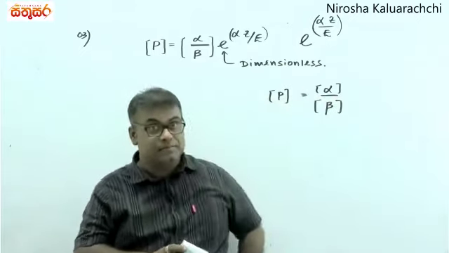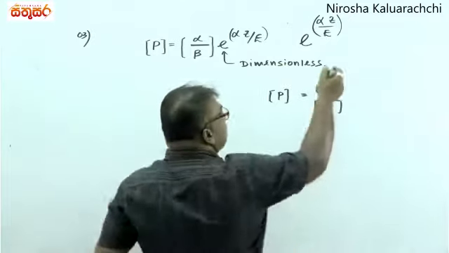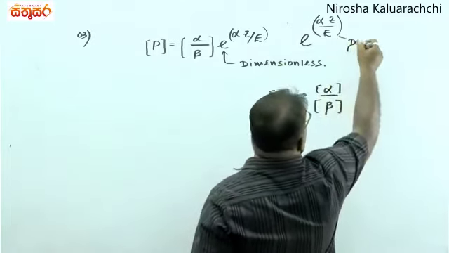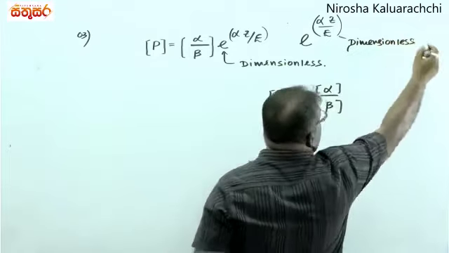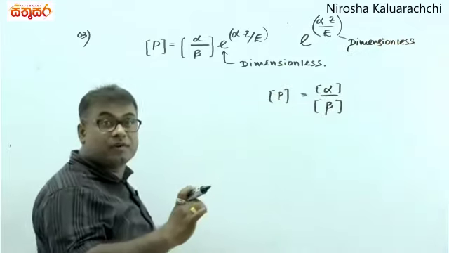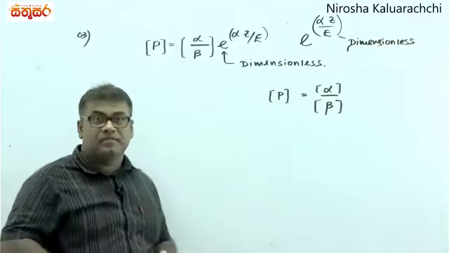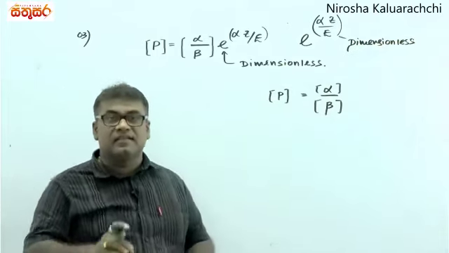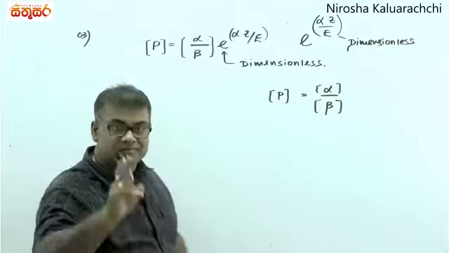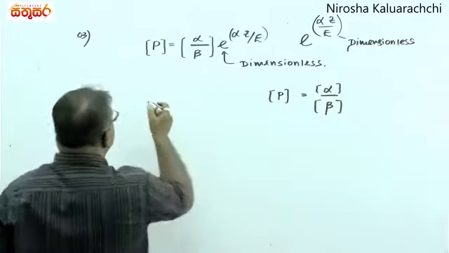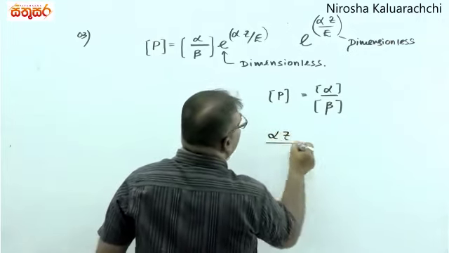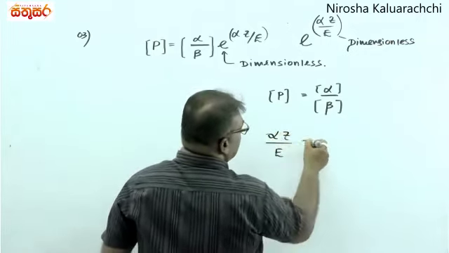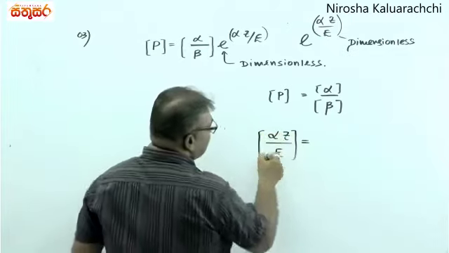It's a digit. Then here, dimensionless. What do you mean by that? The power of a physical quantity is a numerical value. It doesn't have dimension. Clear? Yes. Then you can say now alpha Z over E has no dimensions.